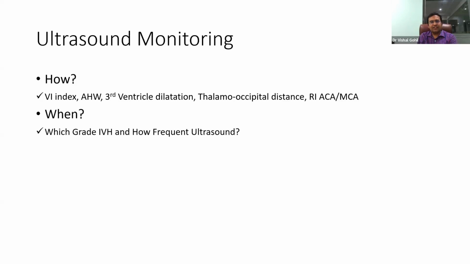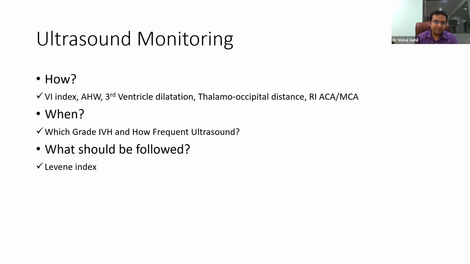So how frequently do we need to do the ultrasound? That is another question. There is no concrete guideline, but when you find IVH in the first week of life, you definitely need to follow up. Sometimes you need to do it daily. Once you see a static grade 2 or grade 3 IVH, you can do it twice weekly. And if there is no collection of fluid or a static VI, then you can do it once or twice a week.